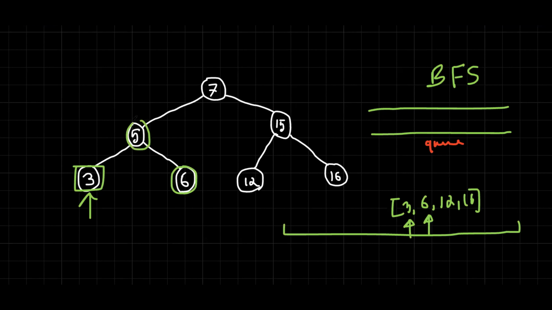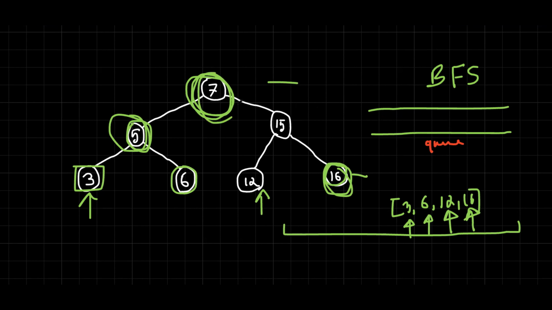It is 5. Now we find the LCA between 5 and 12. It is 7. Now we find the LCA between 7 and 16. It is 7. So here we return 7, which is the lowest common ancestor of all of the deepest level.